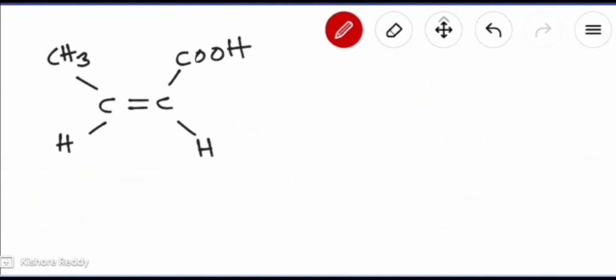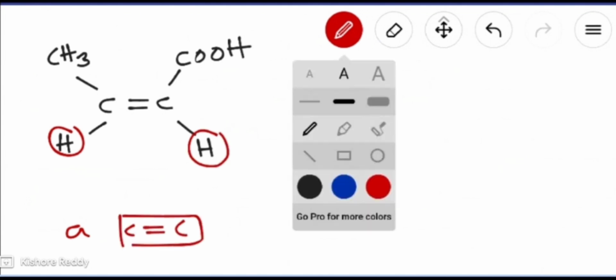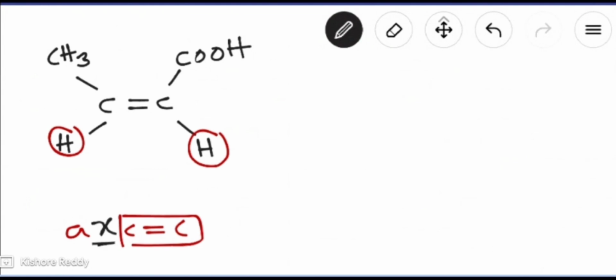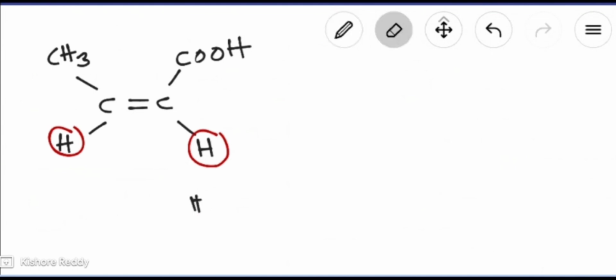Just now I told you the difference is you have only one similar group, that is hydrogen. Here AX is nothing but methyl, and on the other side Y is COOH. H and H are the same. Now, what is the name of the compound?